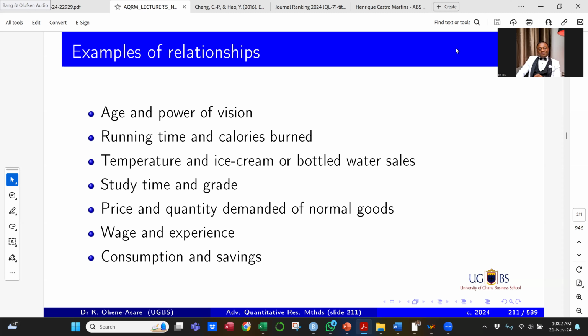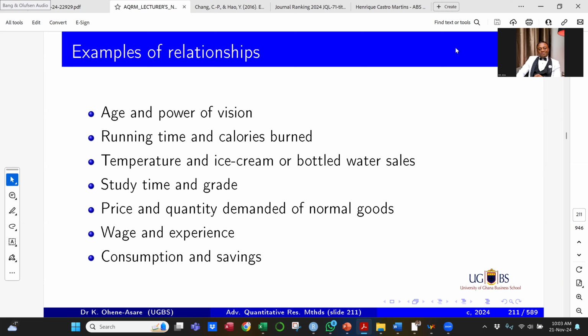Yeah, okay. I'm here. Running time and calories burned is a positive relationship. Why? Because the more you run, the more calories you burn. So as your running time increases, your calories burned will also increase.